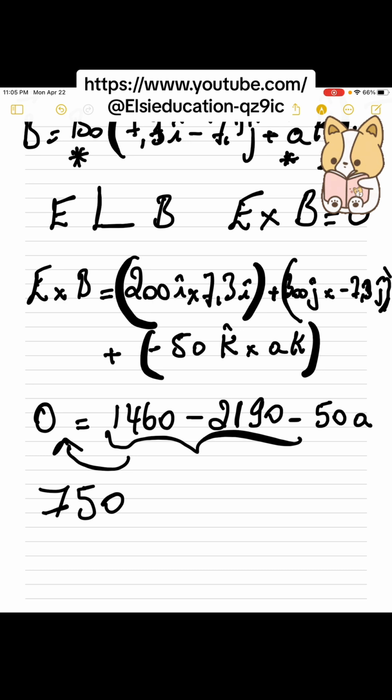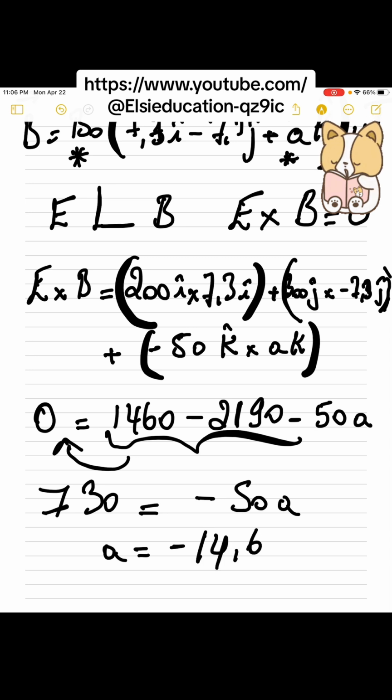Let me see, 1460 minus 2190, actually that's minus 730, equal to minus 50A. So the A in this equation is going to be equal to minus 14.6.